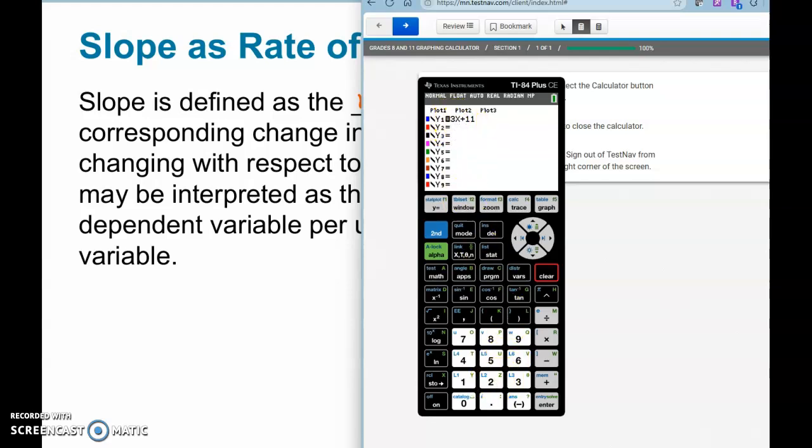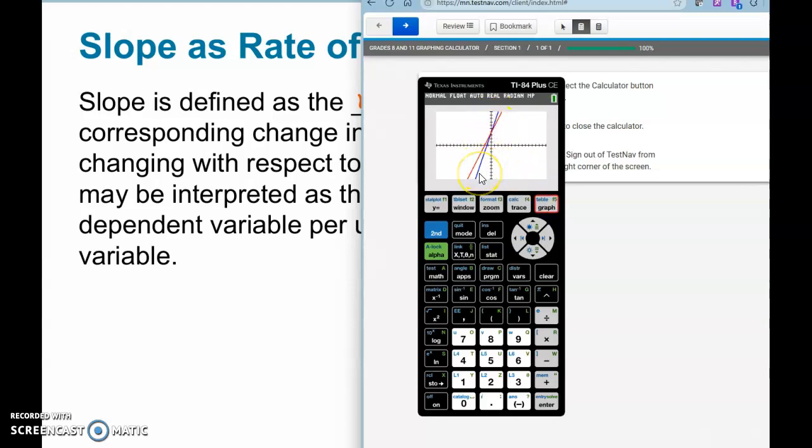I want to take a look at what happens when I have a slope that is smaller than 3, so let's do a slope of 2. Actually, let me change this. My y-intercept is so high that I can't see it, so I'm going to change it to something a little bit lower so that I can see it better.